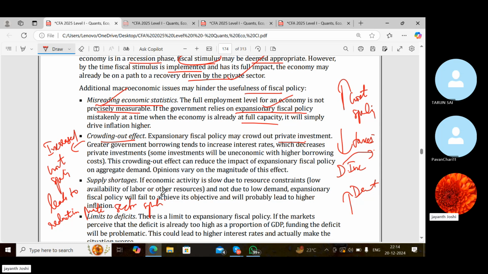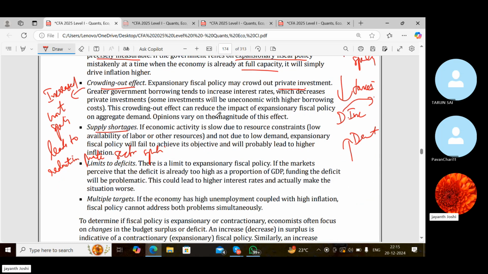If government starts spending more into the economy, that will lead the private sector to reduce their spending or reduce their investments, because government will borrow and use that money to spend. And what will happen with this? The interest rates will increase as government starts borrowing more, and that makes borrowing more expensive for the private sector.